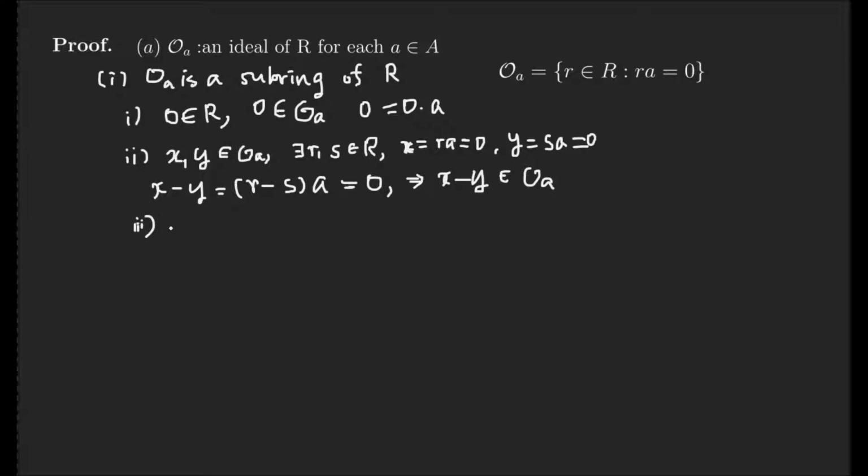Finally, if r' is in R and x is an element in O_A, this means again there exists r such that rA is equal to 0. Then r'x means r' r A, which is equal to 0 to begin with, because rA is equal to 0.